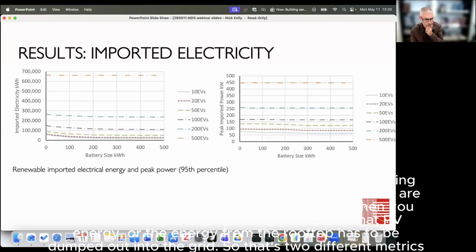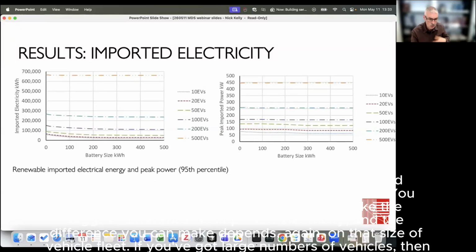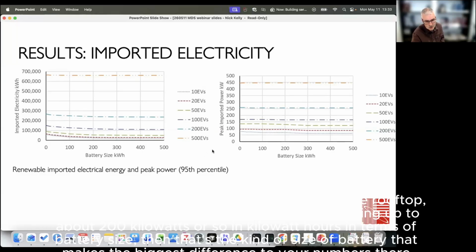Next slide, please. The other ones are looking at imported electricity. And again, it's a kind of similar picture. You don't really need a very large battery to make the biggest difference on imported electricity. And the difference you can make depends again on the size of the vehicle fleet. If you get large numbers of vehicles, then you really don't make much of a dent on imported electricity with your battery and your PV on the rooftop.